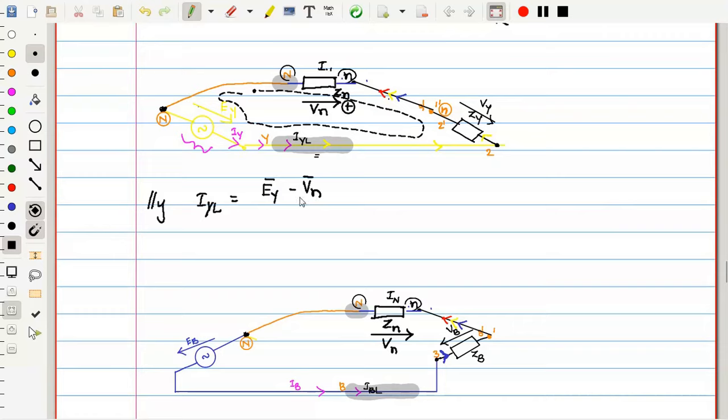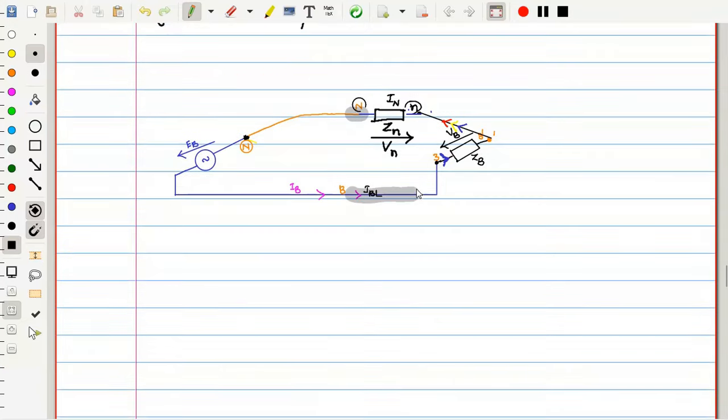So Vn phasor divided by ZY. Let us call this equation number 2. Similarly, for this loop, we will get equation number 3 as IBL is equal to EB phasor minus Vn, the neutral voltage, divided by ZB. Let me call this equation number 3.